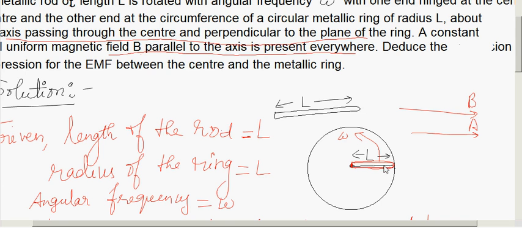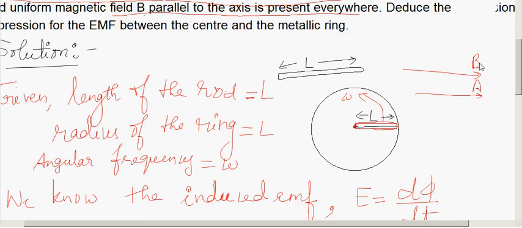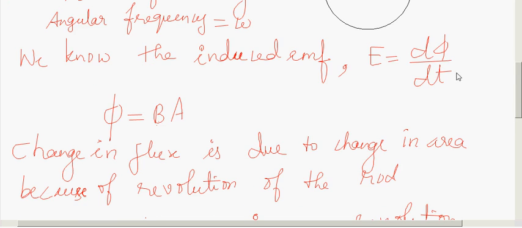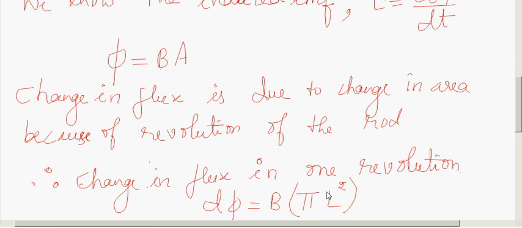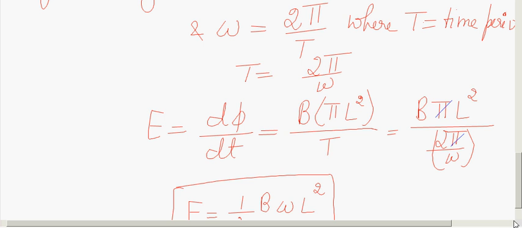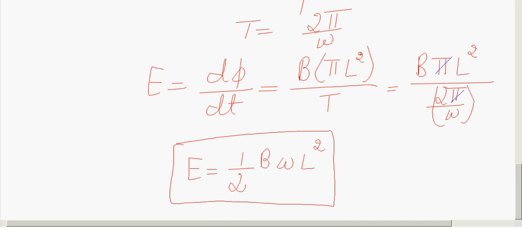We calculate this change in flux for one complete revolution. d phi is B into A, and the area for one complete rotation is the area of the circular coil, pi L square, and T is the time period for one revolution. You can calculate T from the given omega as 2 pi by omega. Substituting all these quantities into d phi by dt, you get the induced EMF as half B omega L square.